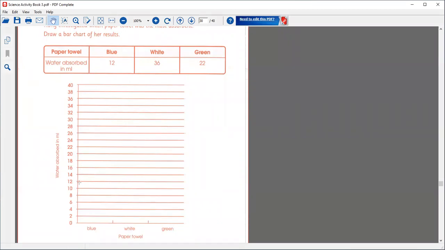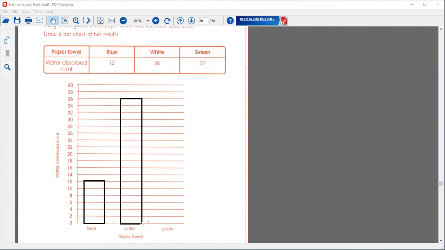Where is 12? This one. So you can make it here. What about white? White 36. Where is 36? This one. So you can make it like this. And green 22. So you can make it like this. So you can draw like this in your activity book.